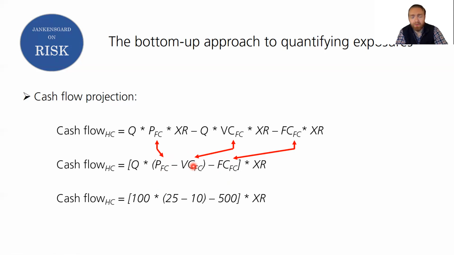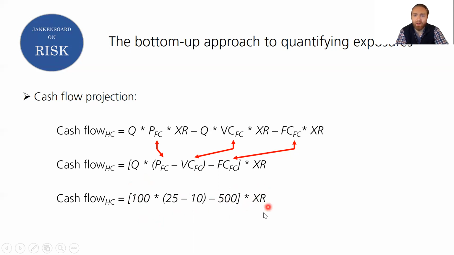So feeding the same numbers into here, except the exchange rate now, we have an expression that informs us about our exposure to the exchange rate. This rearranging of the formula gave us an expression for the exposure, essentially.